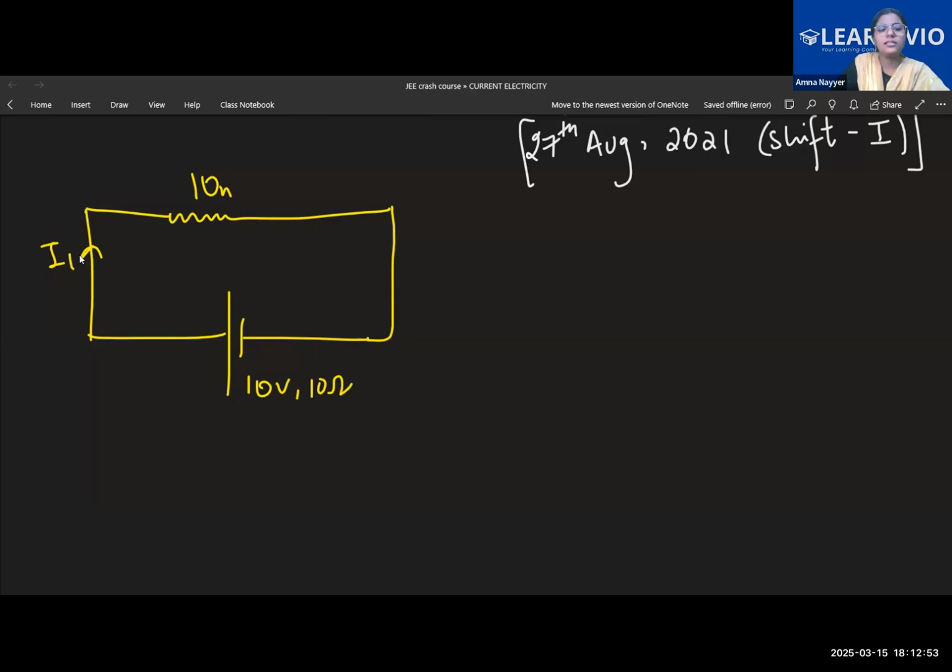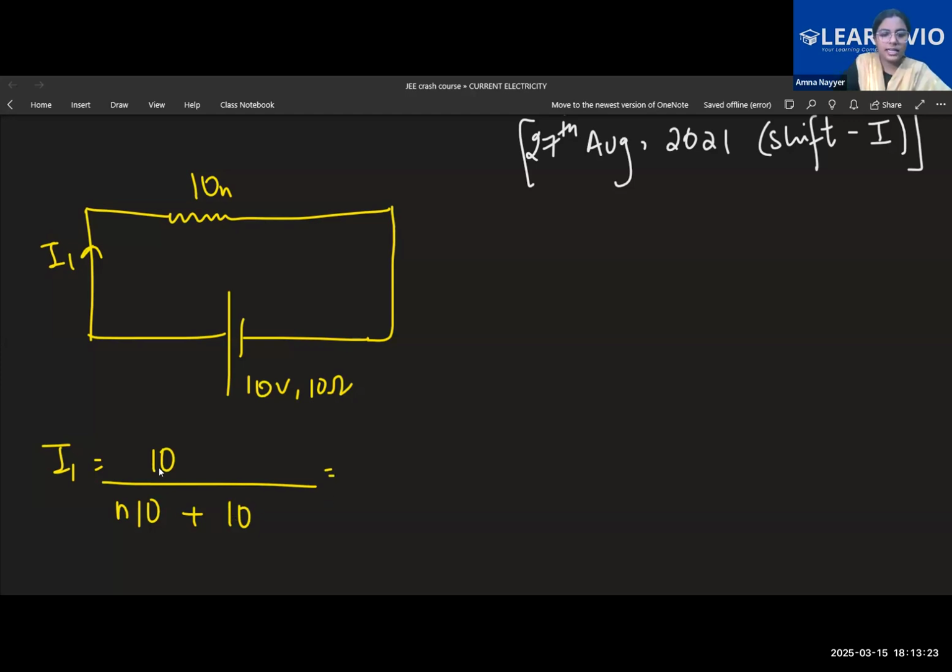Let's say this is I1. Now, if this is the case, what is the value of I1? I told you this will be EMF divided by R plus r. What is the EMF? 20. R means capital R, external resistance. What is it? N into 10 plus small r, that is internal resistance, so this will be 10.